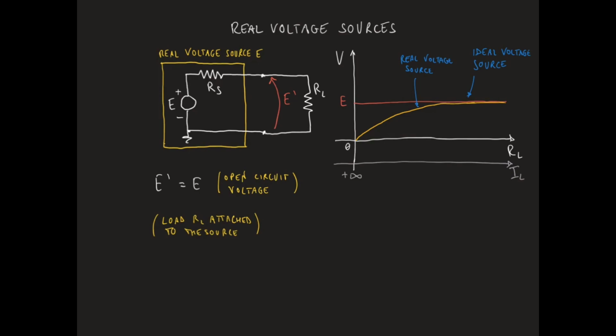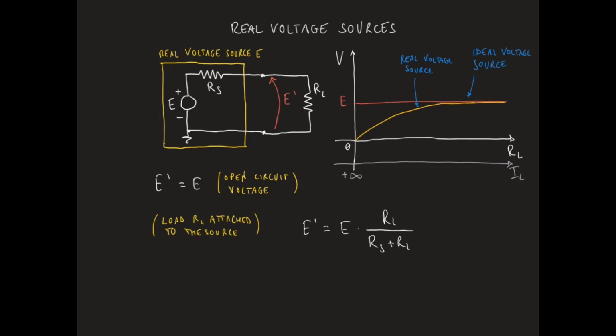So the voltage E prime across the output load RL is given by E times the loading resistor RL divided by RS plus RL.